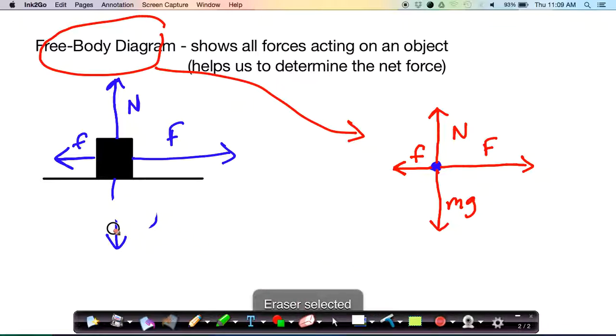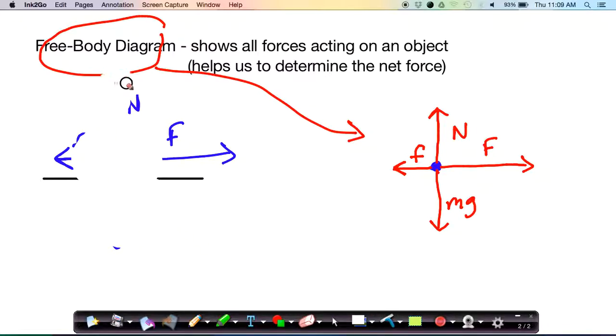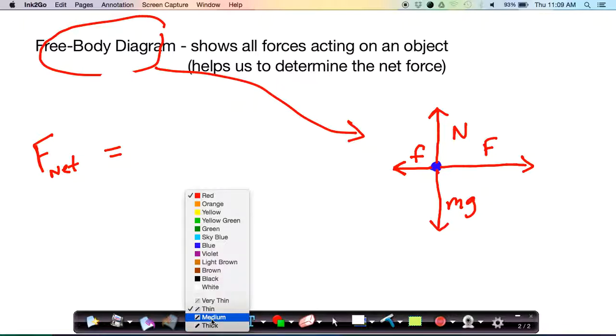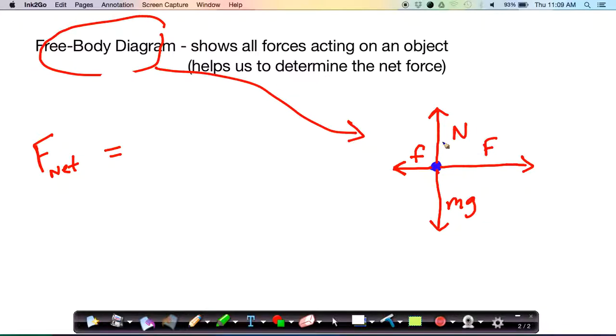Net force, of course, we remember from previous units, is the sum of the forces acting on the object. So the net force in this case, again, the normal force and the weight are going to cancel each other out. So let's make a note of that here. Net force in the y direction, the vertical direction, is 0.